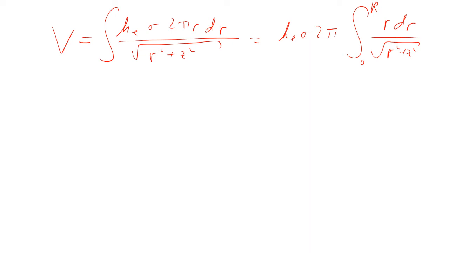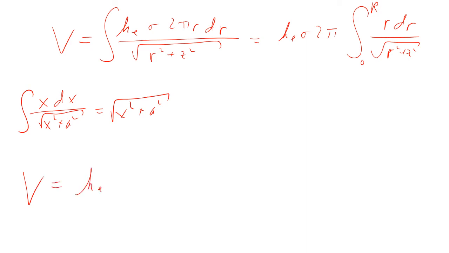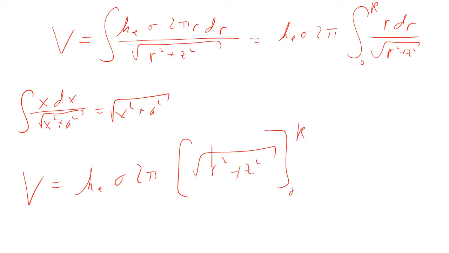Well, we look at it and say, well, gosh, that's actually not that hard of an integral to do. Okay. Because when we look up in the back of the book, the integral of x dx over the square root of x squared plus a squared is just the square root of x squared plus a squared. So that means this integral, k sub e sigma 2 pi, the integral is now going to be equal to the square root of r squared plus z squared evaluated from 0 to R. Okay.